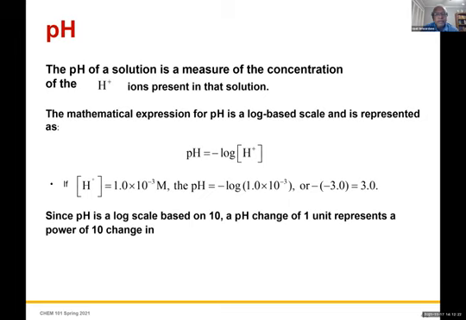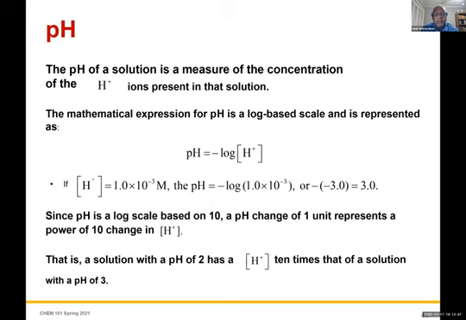Since pH is a log scale based on 10, a pH change of 1 unit represents a power of 10 change in the hydronium ion concentration. So pH is 0 to 14. Let me explain it a little later.